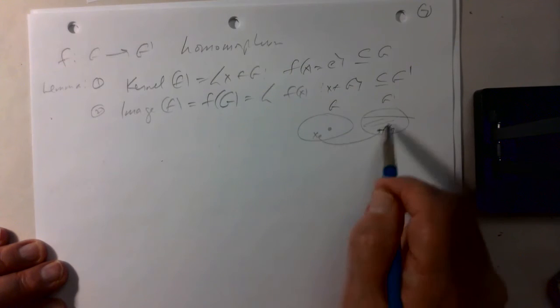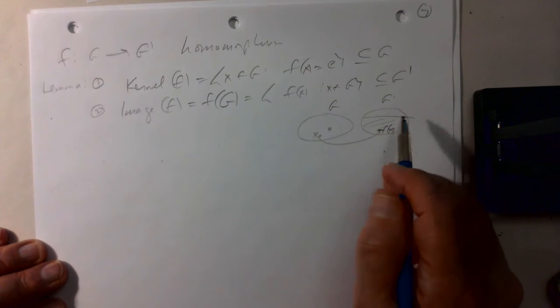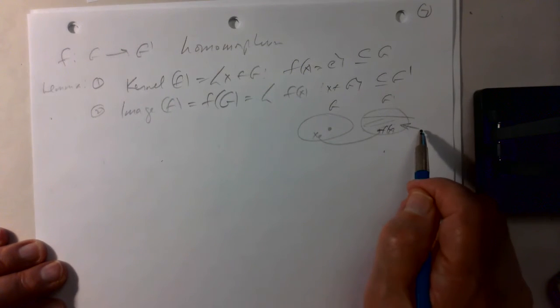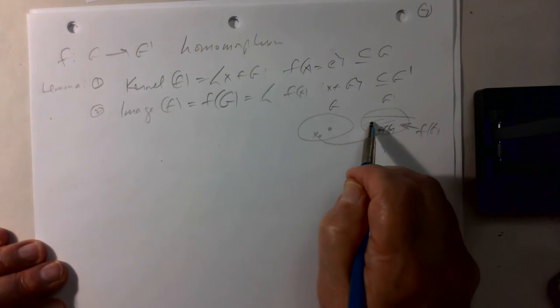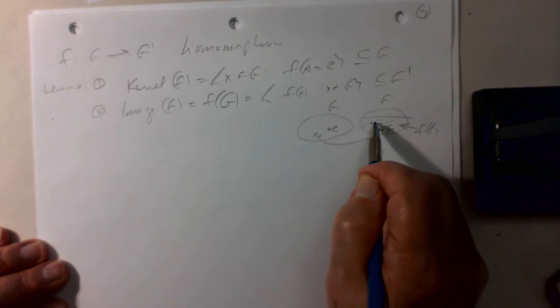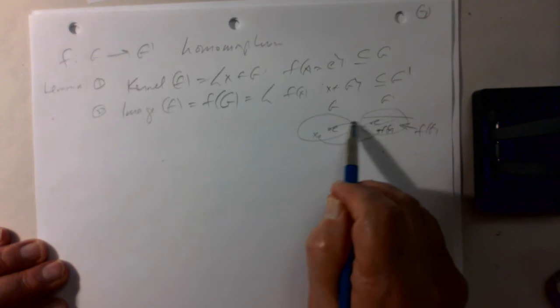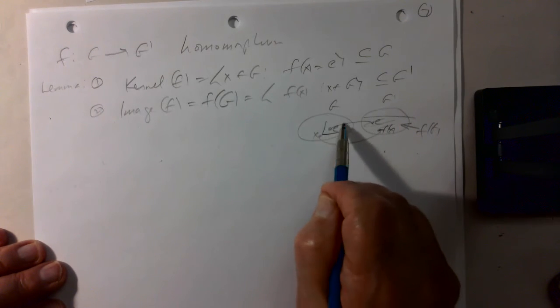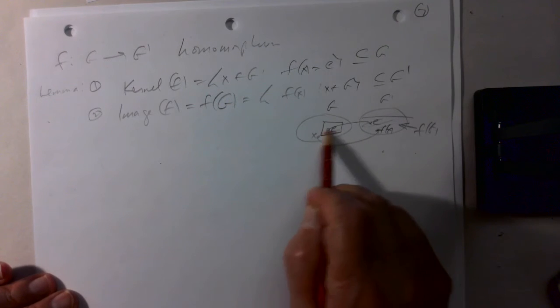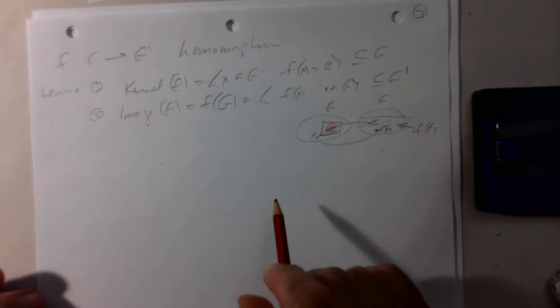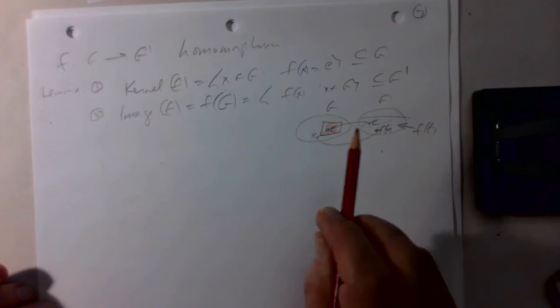Everything over here which comes from something in G is f of G. If this is the identity and this is the identity, this goes to that. Now sitting over here, you have some elements that all map to the identity. This is the kernel.